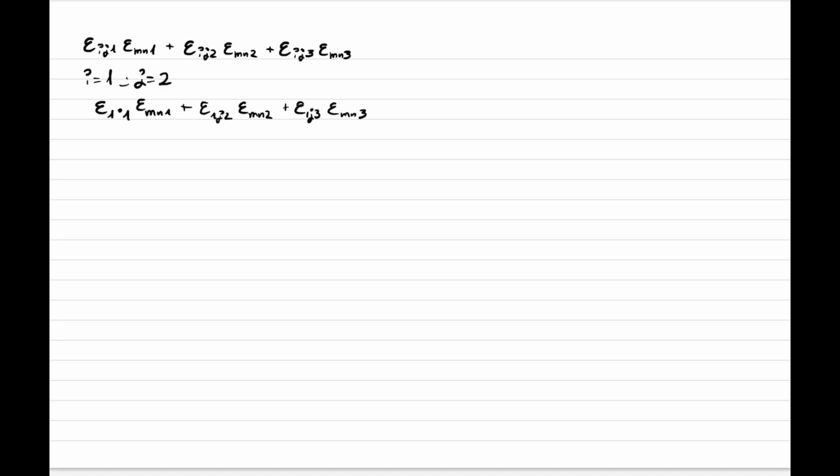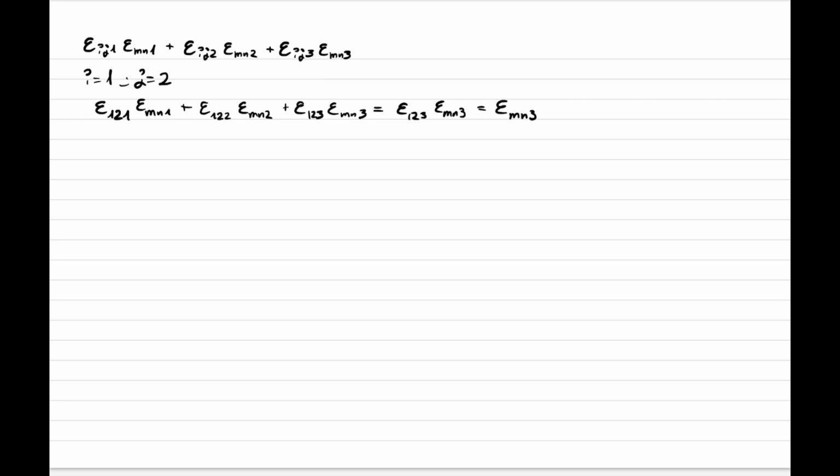So if we make j equals 2, what we are going to have now is 1, 2, 2, and here 1, 2, 3. I'm sorry, here's a 2. So this term is also going to vanish, and we are going to be left only with this term. This is an even permutation, so it's going to be 1, and this is just epsilon mn3.